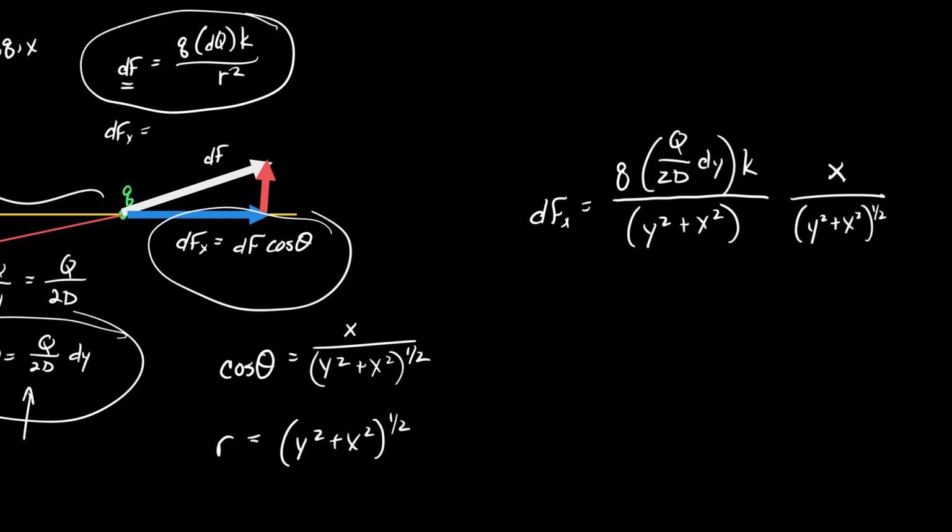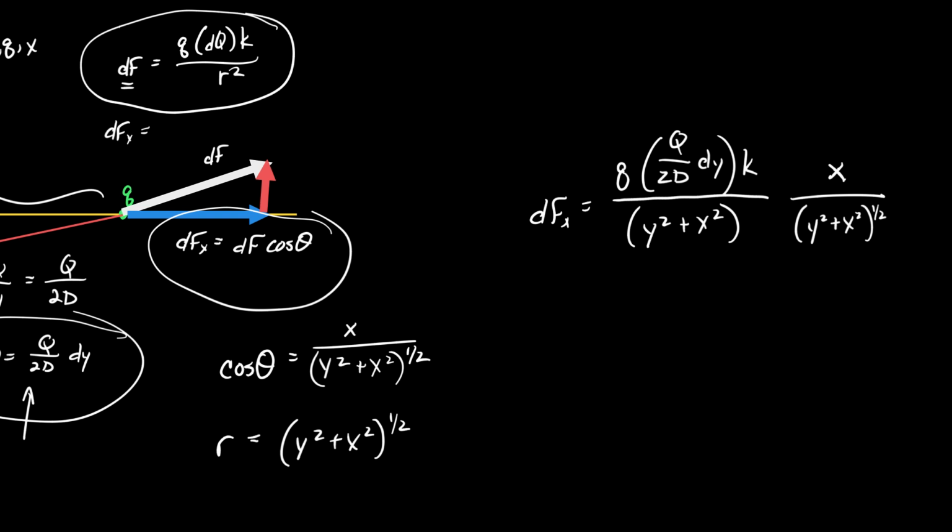All right, does everybody see what I've done? So I've got df in terms of a collection of constants and one variable that I have to sum over, y. y is the variable that defines where each piece is. And I need to add it up for all the pieces.